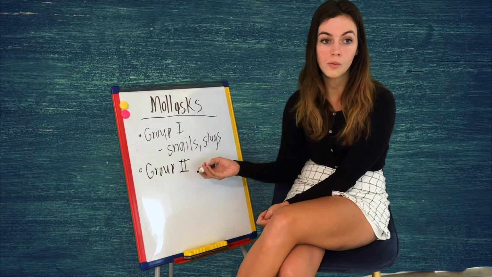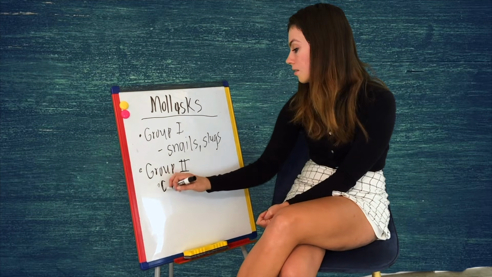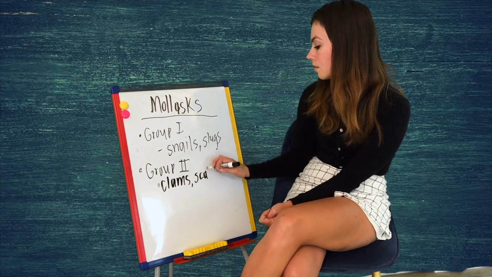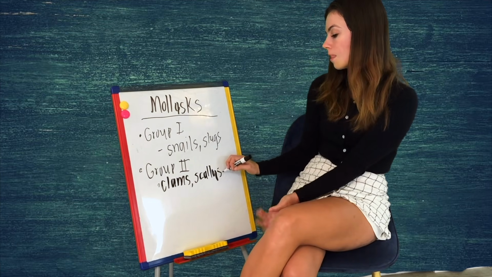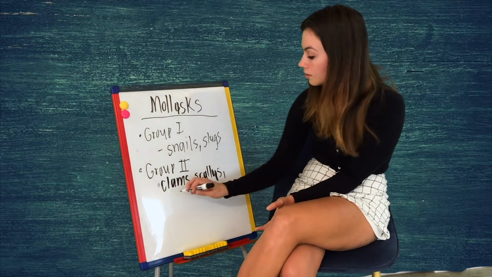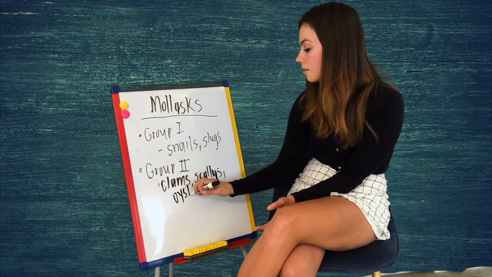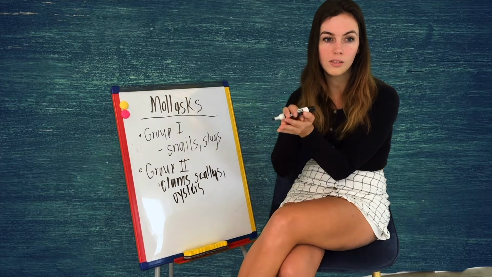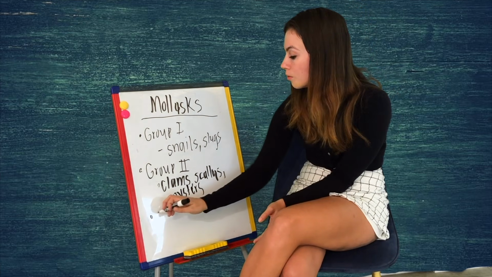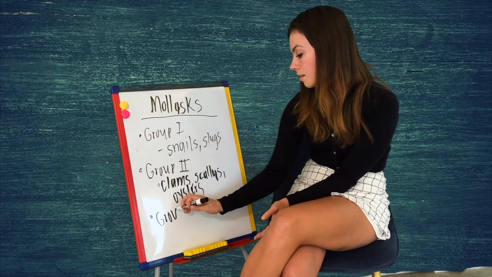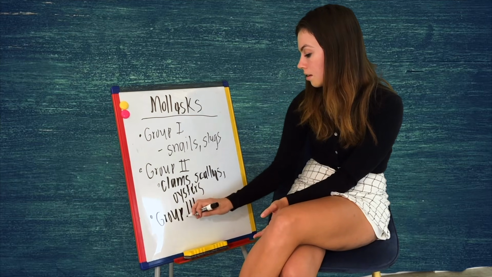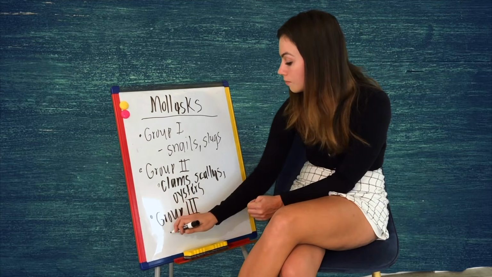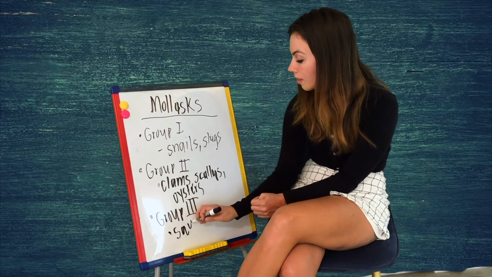Within group 2, we have clams, scallops, and then we also have oysters. So with these, their shells are a little bit different than snails. They're more hinged. And then group 3, we have squid and octopuses. So they have tentacles rather than a shell.